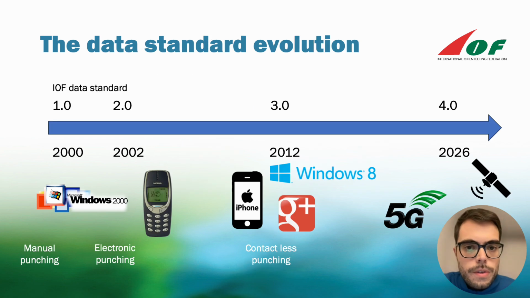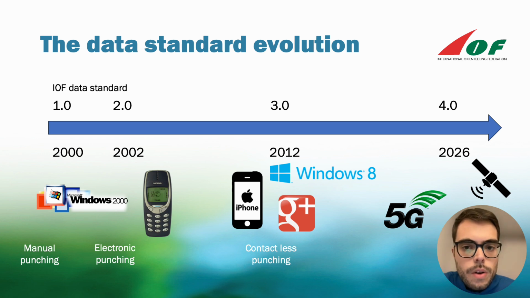The first versions of the standard were released in the early 2000s, when technology was very different from today. In 2012, version 3 was released, and since then the world has moved forward. In particular, 4G, 5G connectivity, and now satellite internet have made GPS tracking and live data feeds increasingly interesting for our sport as well.